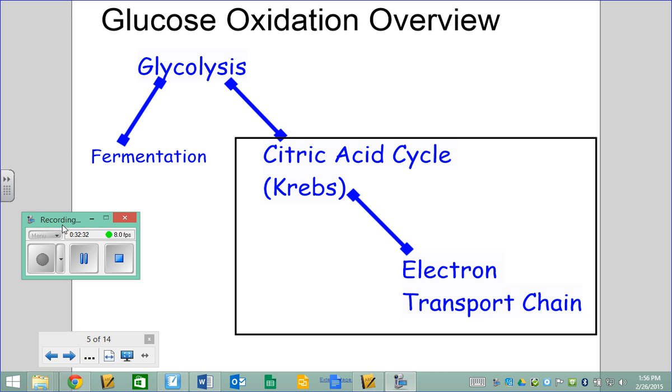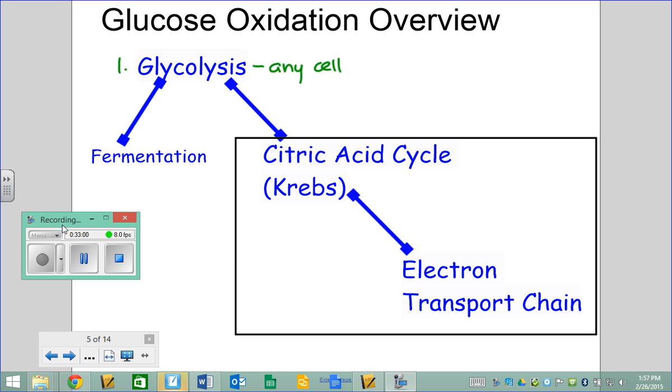The thing I'm trying to illustrate with this particular slide is that step one, which is called glycolysis, happens all the time. So glycolysis can happen in any cell realistically. So it doesn't matter if you are a prokaryotic cell, if you are a eukaryotic cell, doesn't matter if you have a mitochondria, doesn't matter if you have oxygen.